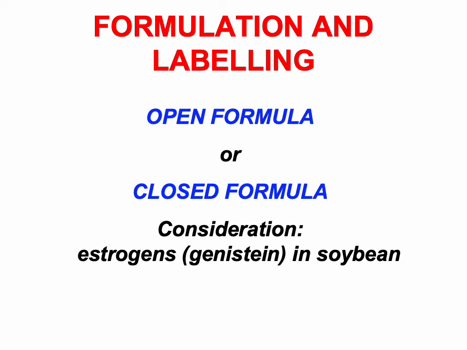The formulation and labeling of the feed may be an open formula and closed formula. It means that the closed formula is generally accepted, but this is not the best solution, because if it's closed, the natural ingredients we cannot consider, for example, that soybean is used, with genistein, a plant estrogen.